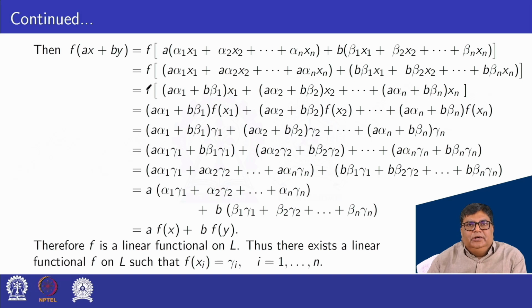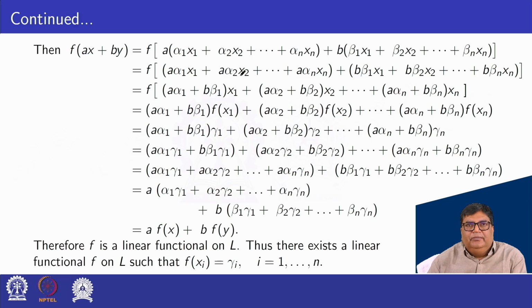So this is f of a alpha 1 x1 and b beta 1 x1, plus the second term a alpha 2 x2 and the second term of this, b beta 2 x2, plus and so on, the last term a alpha n xn plus b beta n xn. So x1 is common here: a alpha 1 plus b beta 1, times x1.